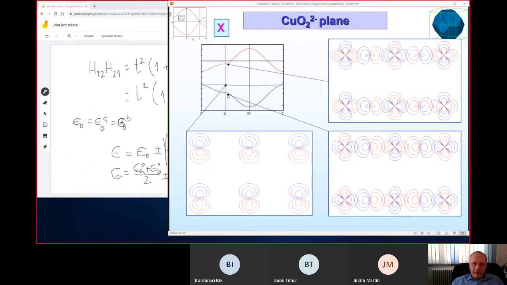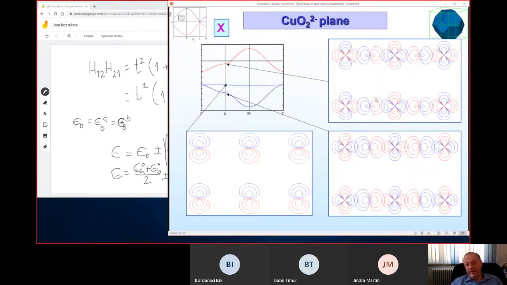So we see that this state corresponds to a bonding interaction between the d and p orbitals along the x direction, which is completely bonding, while here we have the opposite signs of the wave function for this state, which means that this state is anti-bonding.